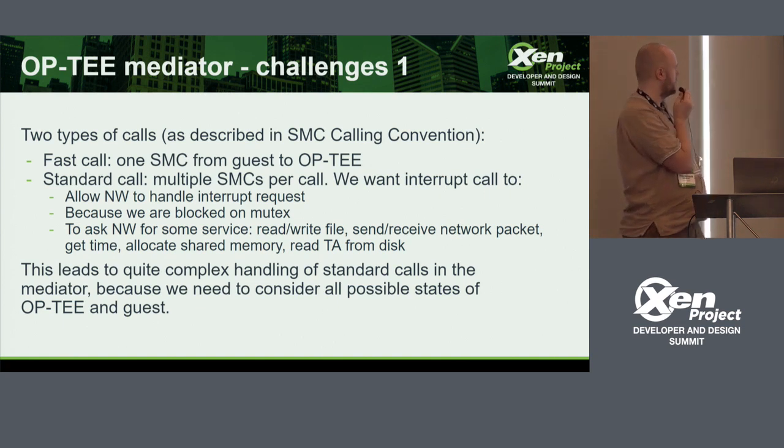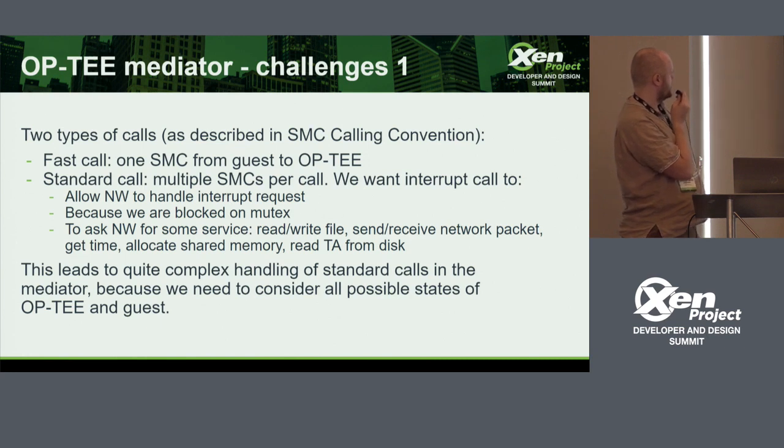For example, the first problem is that we have two types of calls to OP-TEE. One is called a fast call. It is really fast because it is not intended to block in TE.